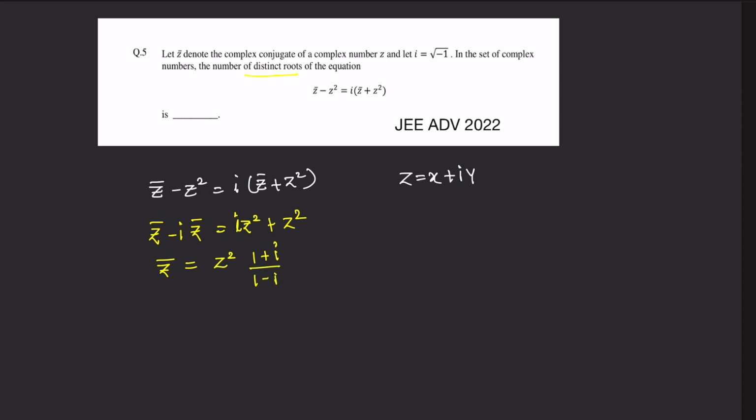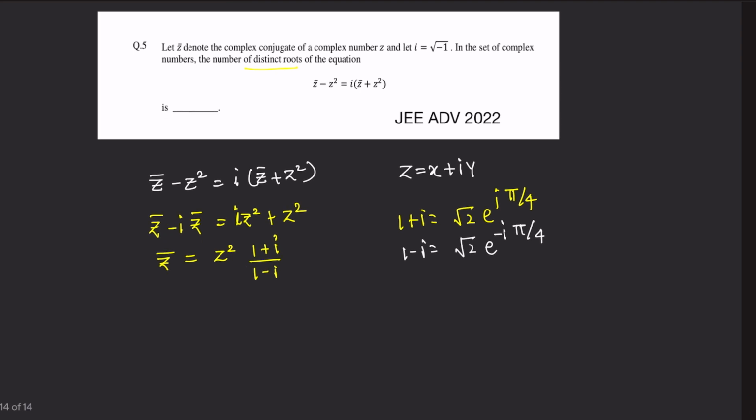Now 1 plus i and 1 minus i can be written in polar form. We can write 1 plus i as root 2 e to the power i pi by 4. You can check that. Similarly, 1 minus i can be written as root 2 e to the power minus i pi by 4, its conjugate. Using these results, z bar equals z square times root 2 e to the power i pi by 4 over root 2 e to the power minus i pi by 4, which essentially is z square e to the power i pi by 2.